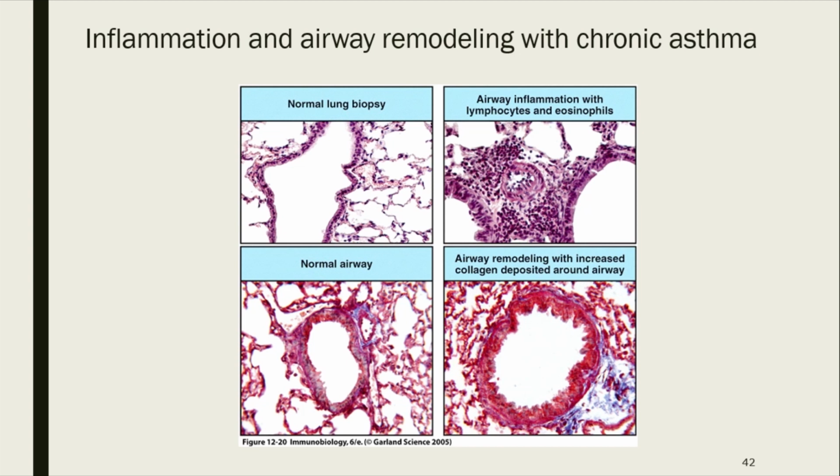Alright, so here is just a picture showing you some of the differences between a normal lung biopsy or normal airway compared to people with chronic asthma. Chronic asthma is characterized by airway remodeling. Here shows you how the airways are being thickened, with increased collagen deposition.